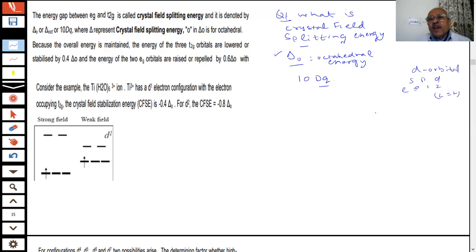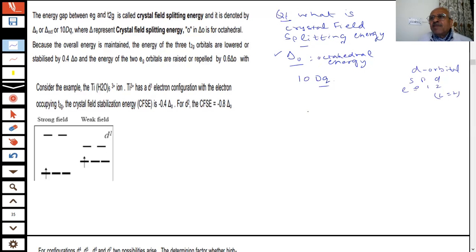DQ is a representation of energy. We will be using delta zero in all our calculations. The overall energy is maintained: the energy of the T2G is lowered or stabilized by 0.4 delta zero, and the energy of the EG is raised by 0.6 delta zero.